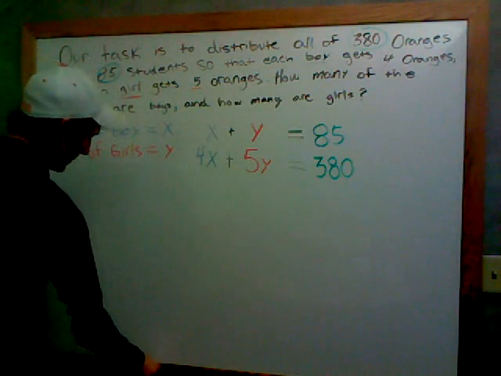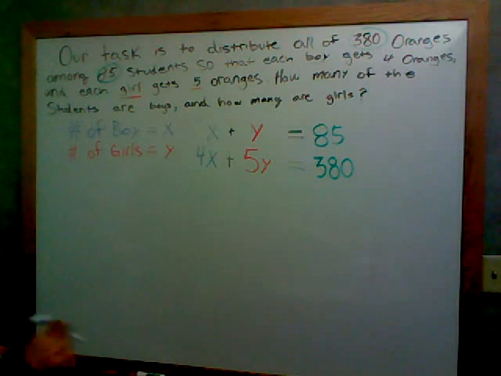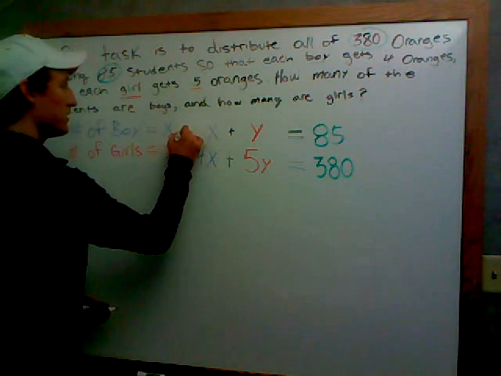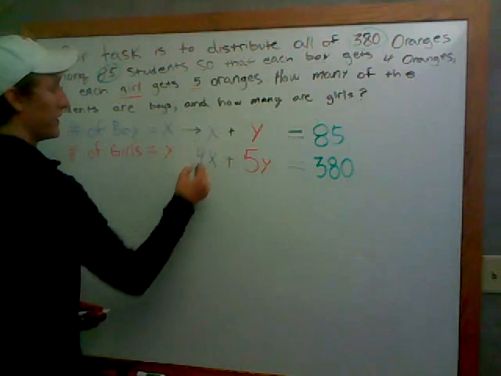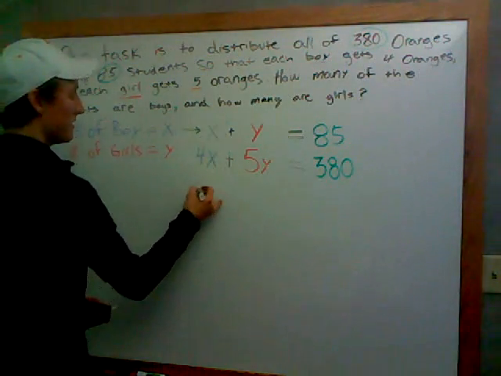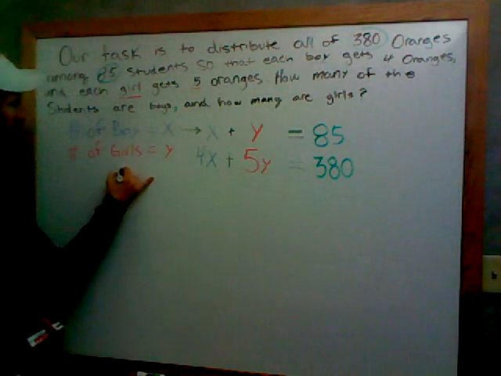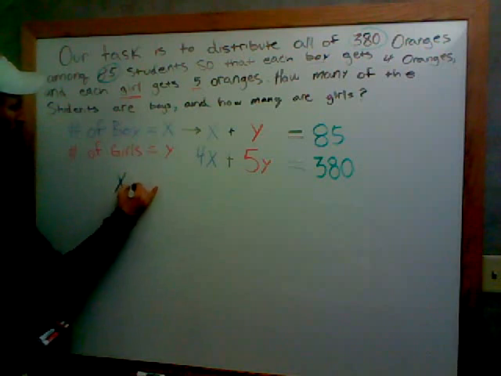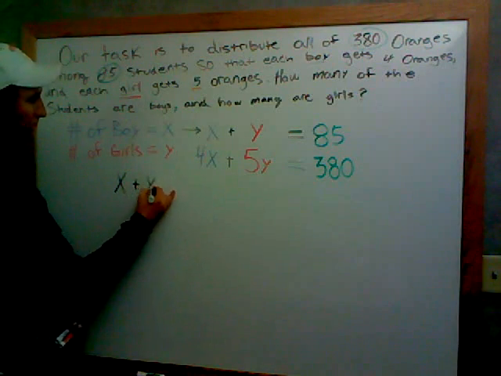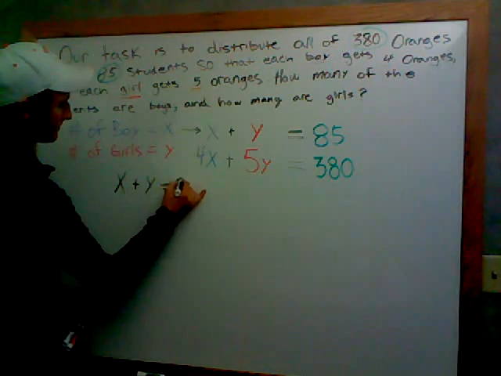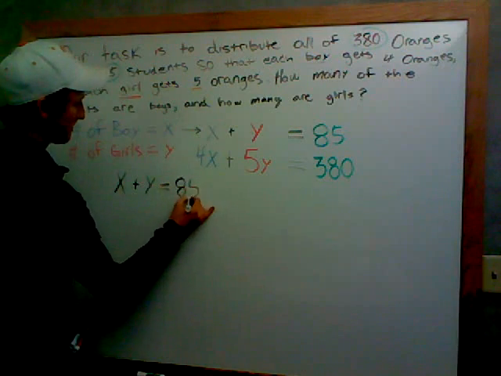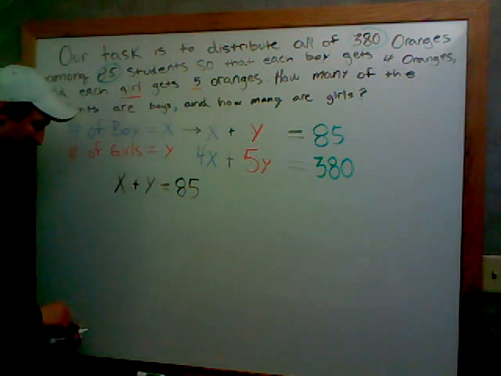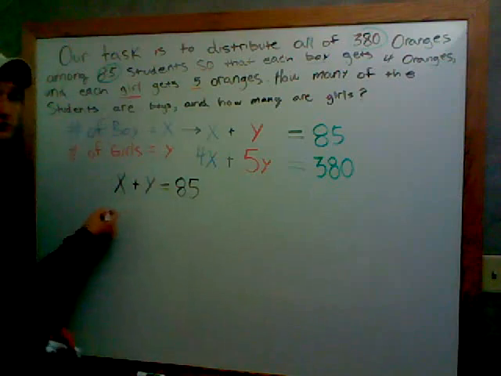The first thing we need to do is solve for one or the other. So we'll pick this one here and we'll solve for x first. So to do that, we'll just rewrite the problem over here. So we have x plus y equals 85. Now, what we're going to do is we have to subtract y alone.